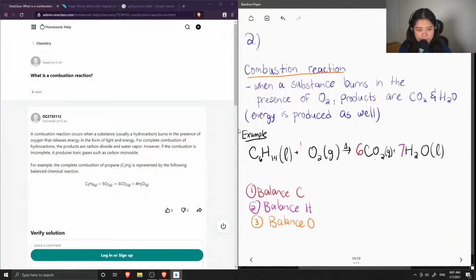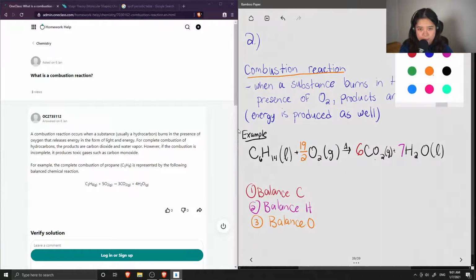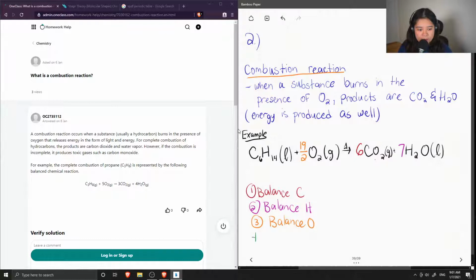So I put 19 in front of O2, and then I just divide that by 2. Now step 4 is to multiply. If we wanted to get rid of that fraction, we need to multiply the whole reaction by 2.